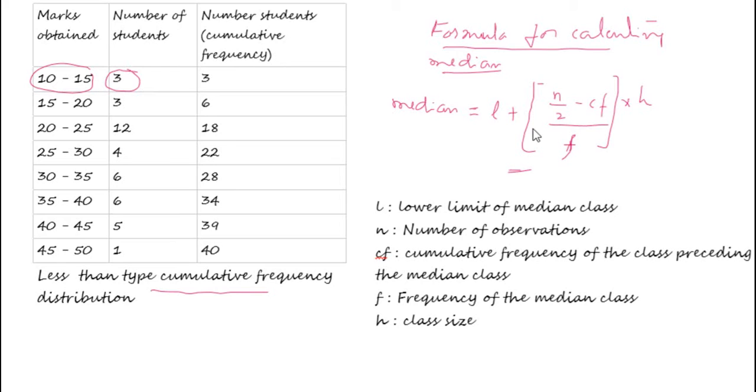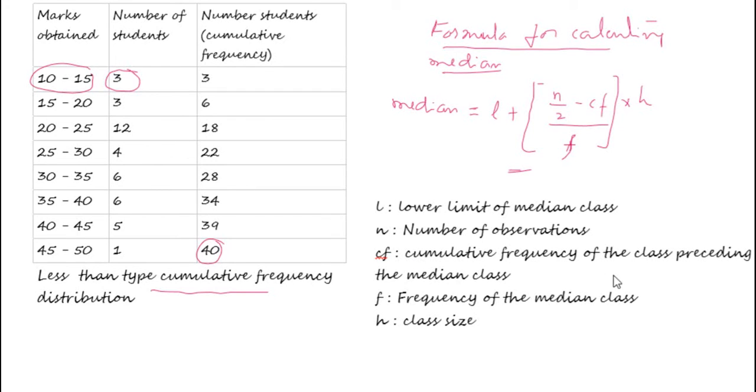Median is equal to L plus (n by 2 minus Cf) divided by f, into h, where L is the lower limit of the median class. Now we will see what the median class is. N is the total number of observations. Here it is 40. There are 40 students in the class.